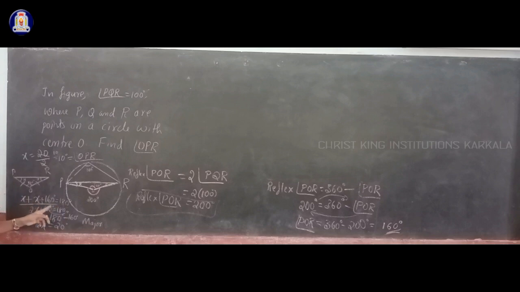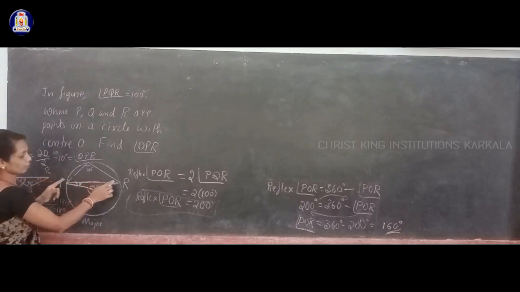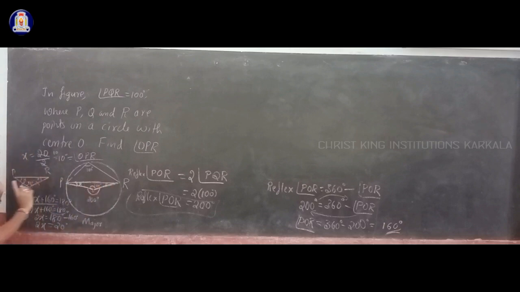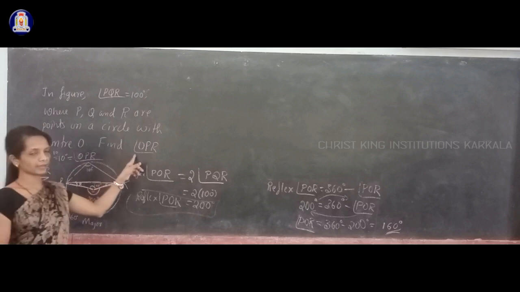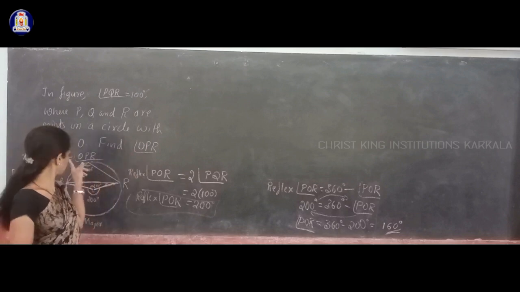Using that we got x plus x plus 160 is equal to 180, adding x plus x gives 2x, and taking 160 to the right side as minus 160 gives you 20 degrees, and that is 2x. From that we got x equal to 20 by 2, that is 10, and that is angle OPR as well as angle ORP. But here angle OPR is asked, so that is equal to 10 degrees.